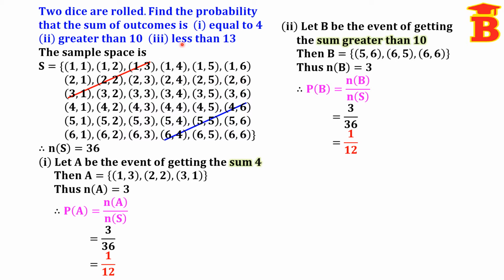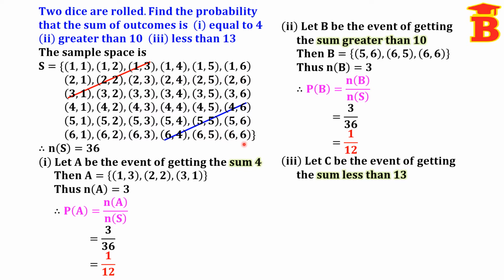Next, the third question, less than 13. Let C be the event of getting the sum less than 13. Here note that in this sample space, the maximum possibility is (6,6), and that itself gives the total 12. So the elements with sum less than 13 means the entire sample space.